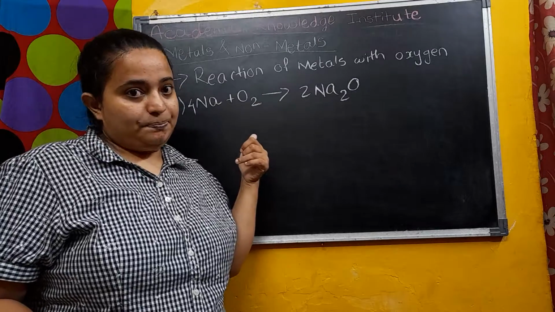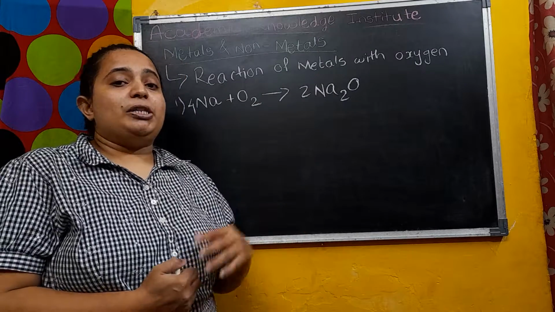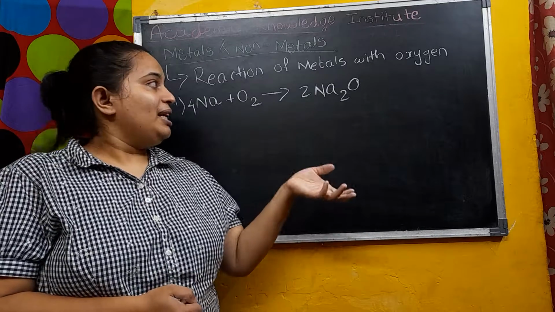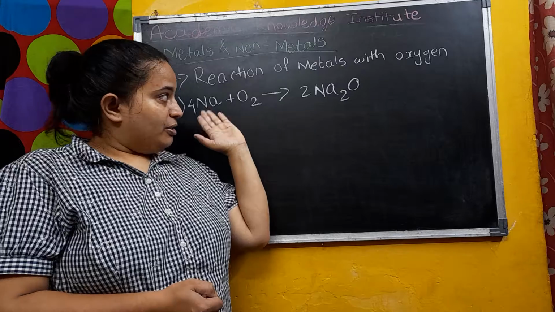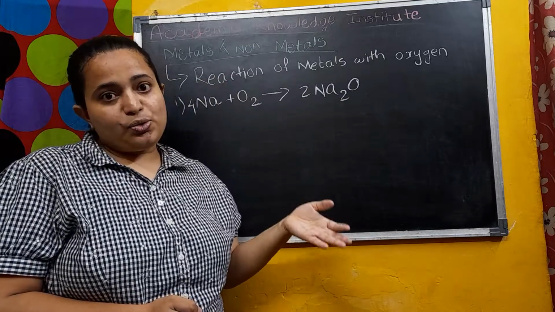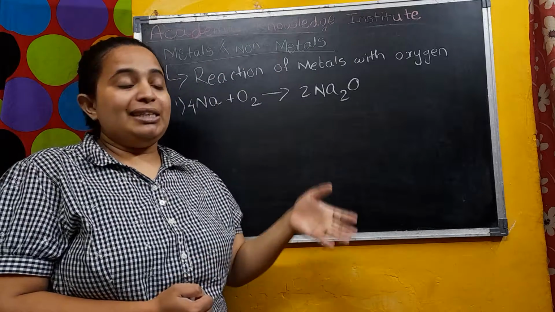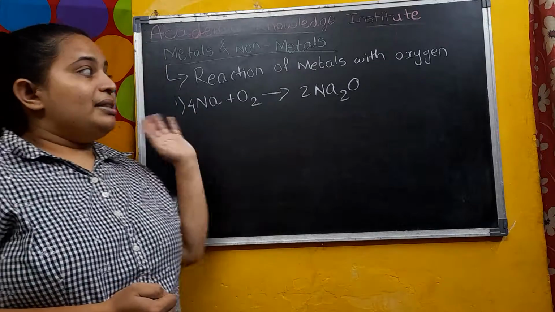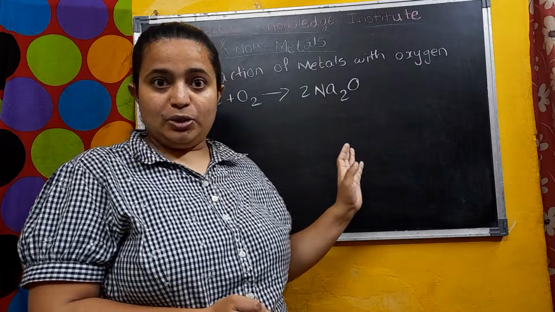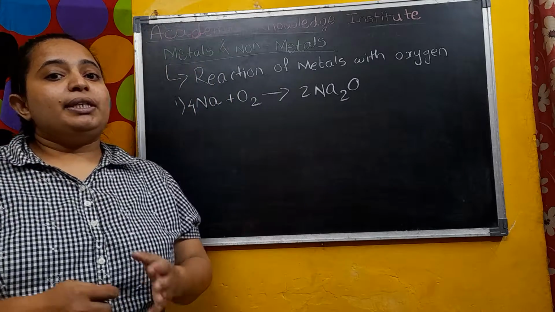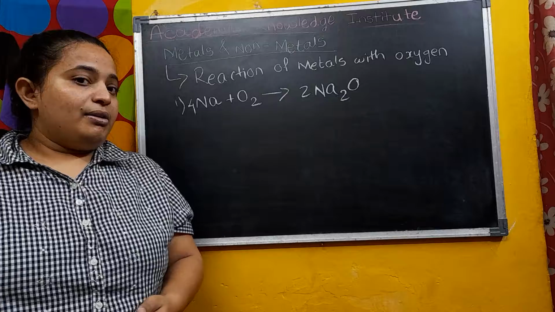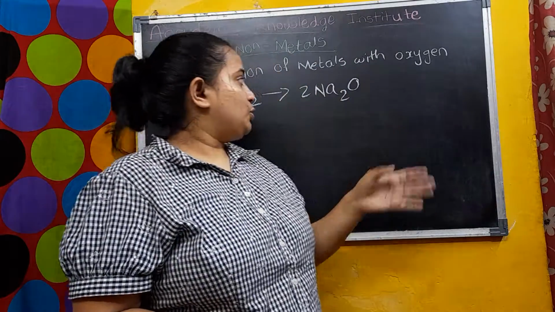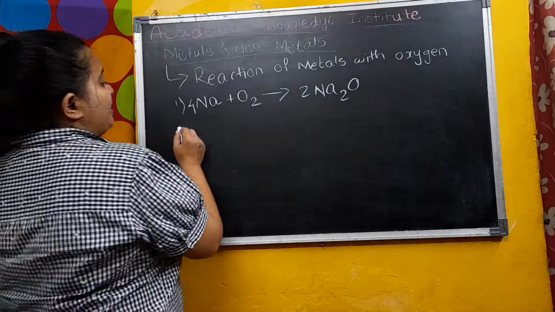Alkali metals are very reactive, but very soft, so you can cut them with a knife. Sodium can react with oxygen even at normal room temperature, so to prevent it from catching fire, it is kept in kerosene, breaking the contact between the oxygen in air and the sodium.